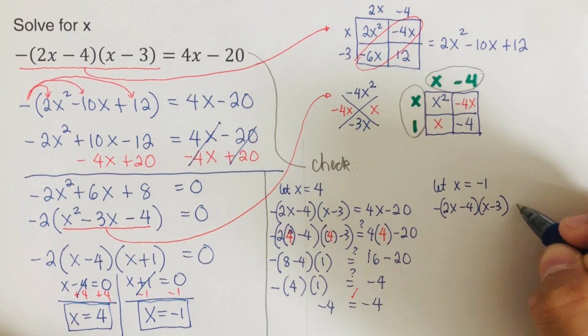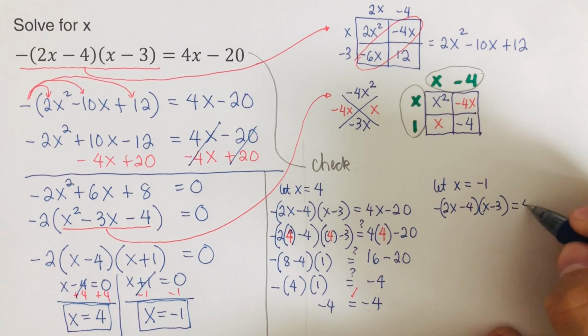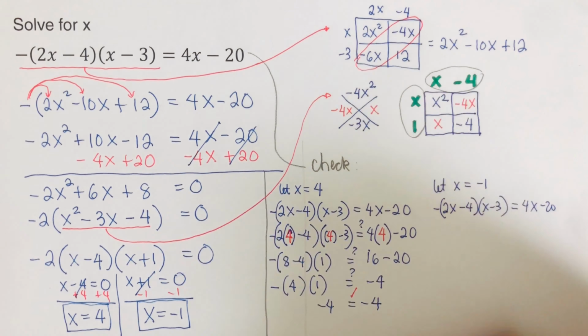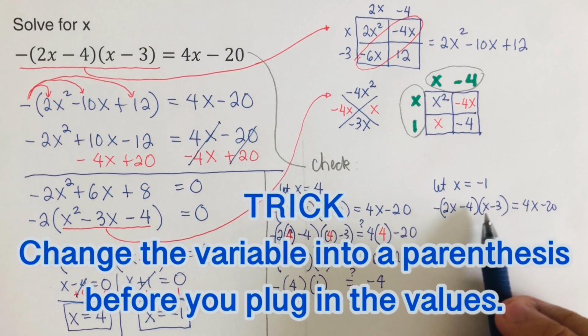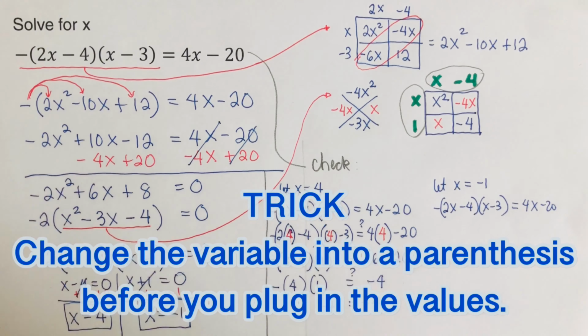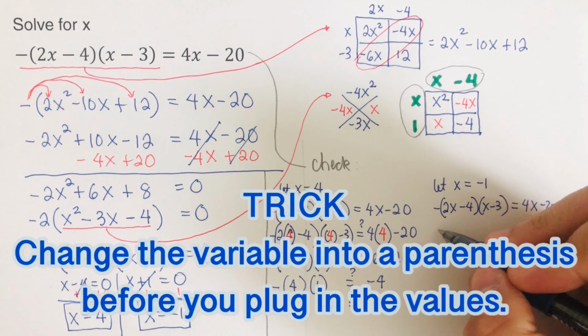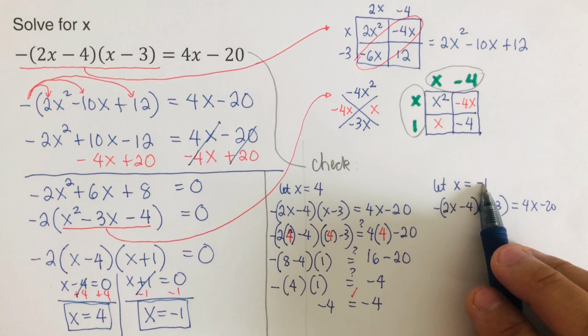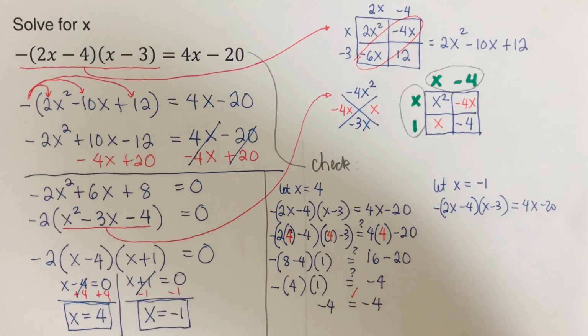Times x minus 3 is 4x minus 20. Again, the trick is to change this variable into a parentheses and plug in the values. So in this case right here, I will show the work and plug in this negative 1 into the parentheses.